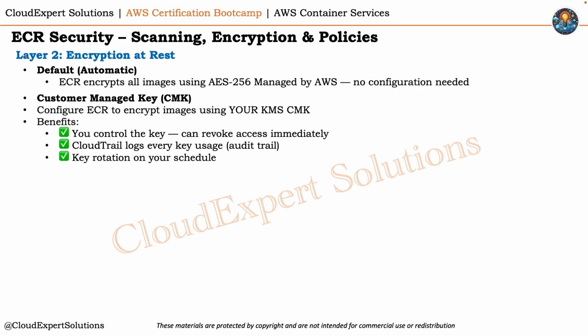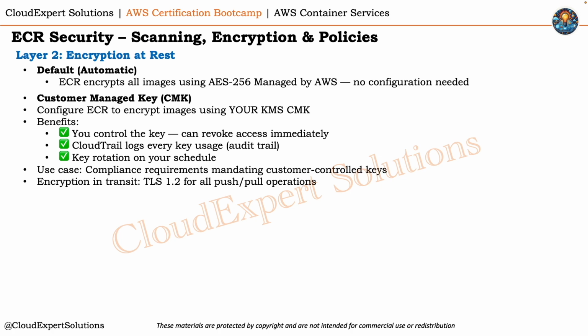You can also rotate the encryption key on your own schedule. The use case for CMK-based encryption at rest is if you have a compliance-based requirement that mandates customer controlled keys. For encryption in transit, TLS 1.2 is used for all push and pull operations. So encryption at rest and encryption in transit are available with ECR.